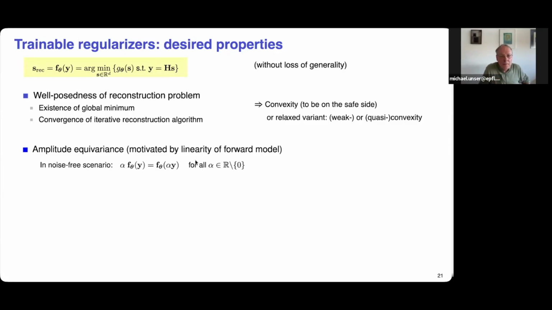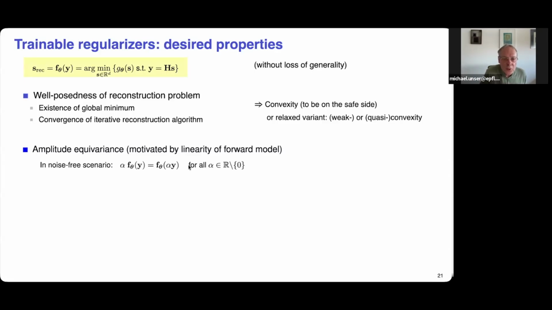One condition that we would like to impose, which is not very standard but is in some sense crucial and obvious: if you have no noise, and suppose you get measurements that are twice the measurements of before, you really want your reconstruction to be twice the reconstruction you had before.